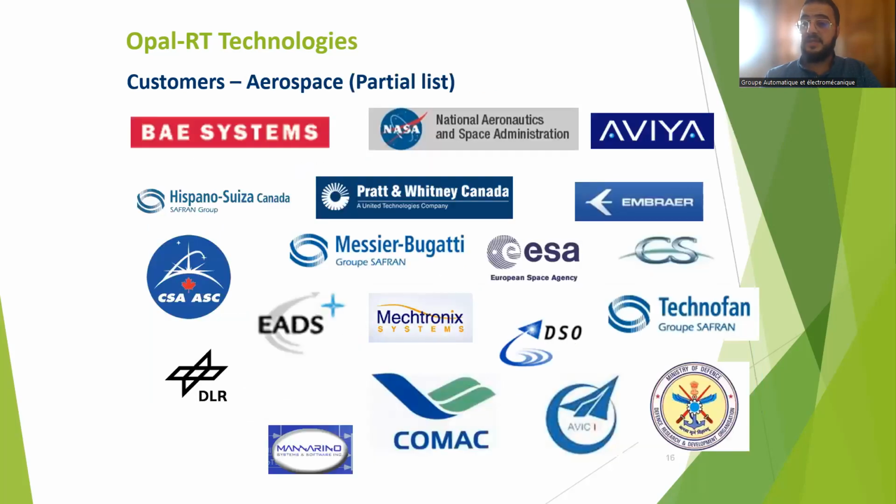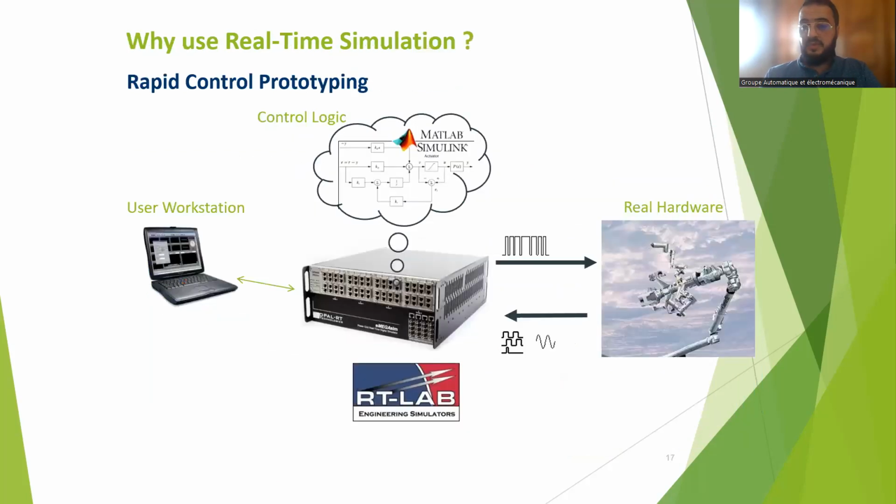So it is a very important device. In rapid control prototyping, we will use the instrument, the RT-LAB, that works in MATLAB, of course, with a laptop. We have a laptop and the Opal-RT software to control the real hardware.